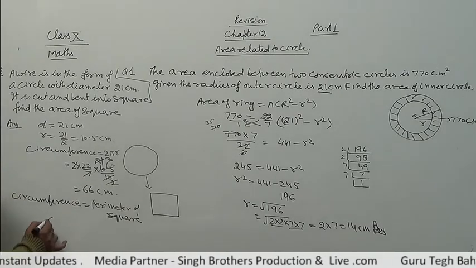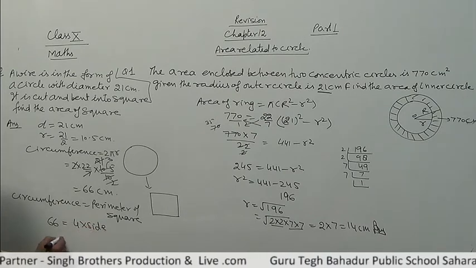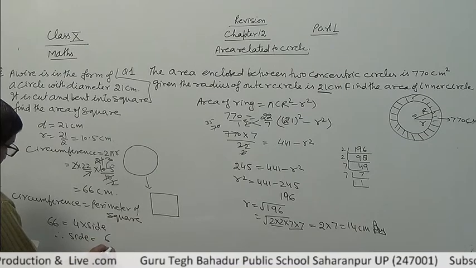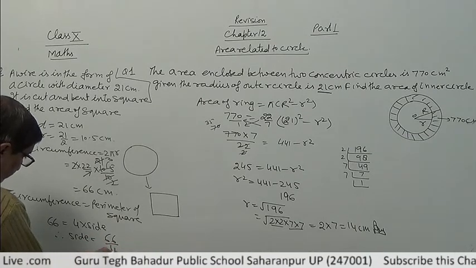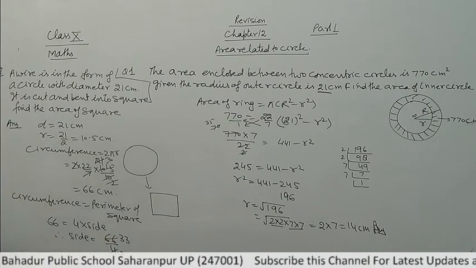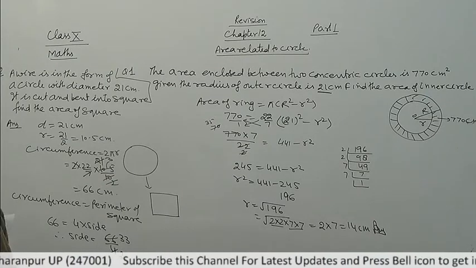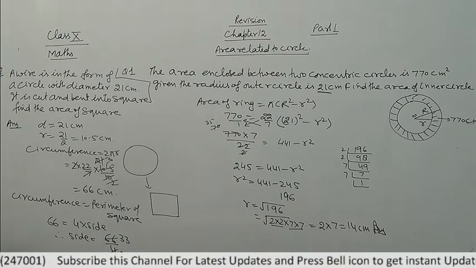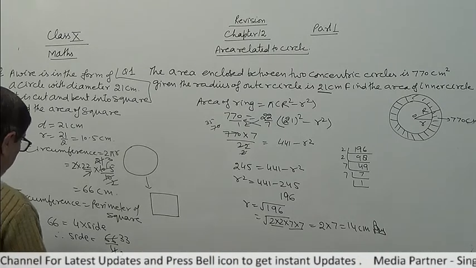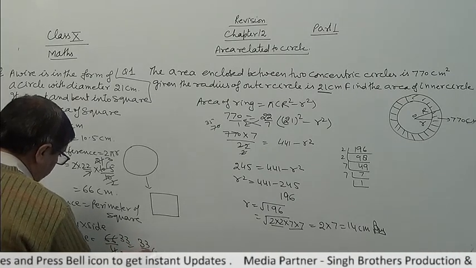Circumference is 66, perimeter of square is 4 into side, therefore side is 66 upon 4. So it is 33 upon 2 centimeter.